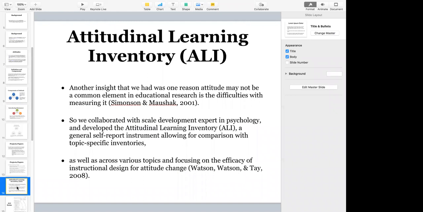Another insight that we gained through looking at these initial cases was that we had thought maybe one reason attitudinal learning may not be a common element in educational research is because it's so difficult to measure, right?